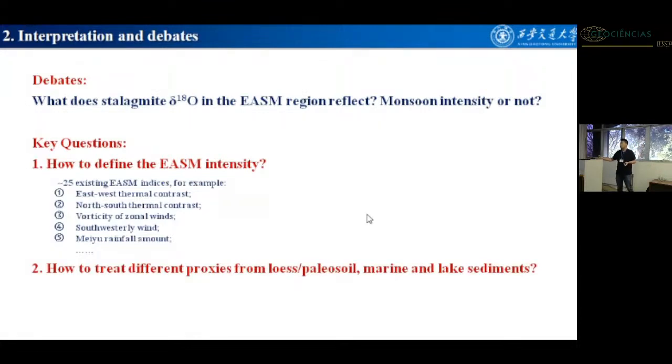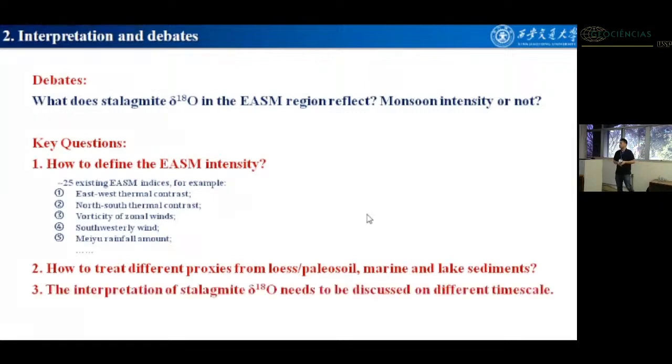Second is how to treat different proxies from different archives, like stalagmites, paleosoil, marine and lake sediments. The third question is that the interpretation of stalagmite delta 18O needs to be discussed on different time scales.